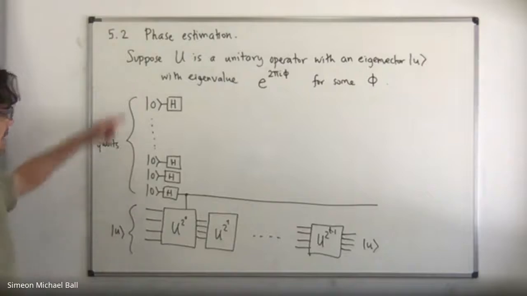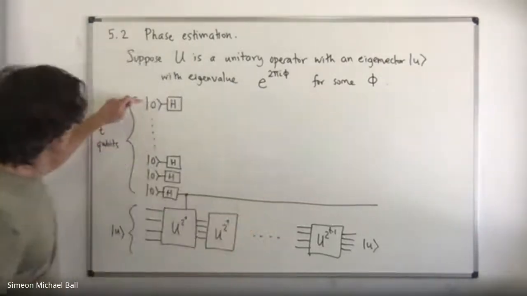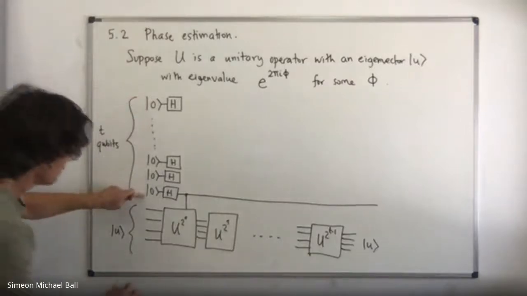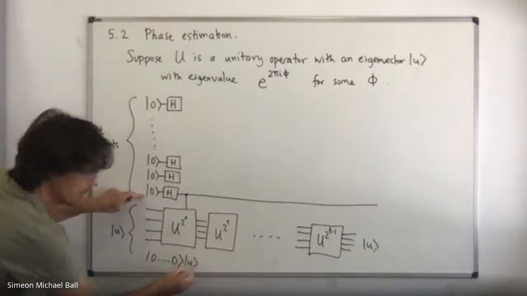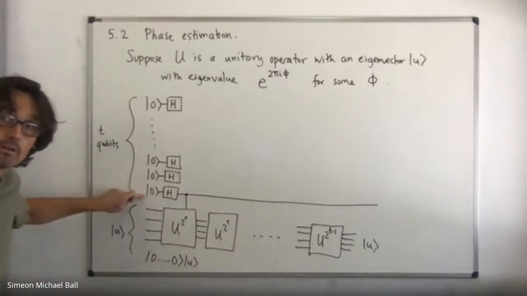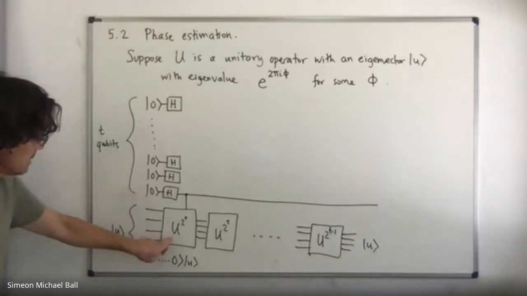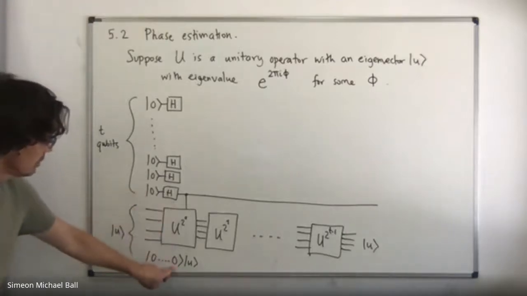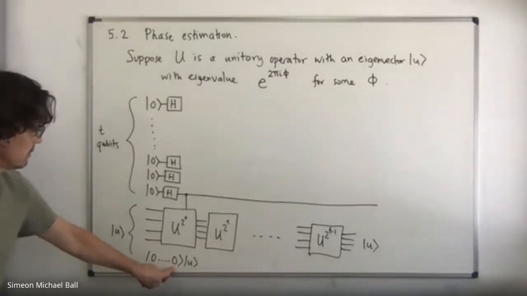So this circuit has an input. What's the input of this? The input is all t zeros. So we're putting in t zeros, and then there's u. Okay, so this is the input. And it comes here, and we're going to do a controlled u on this final bit here.